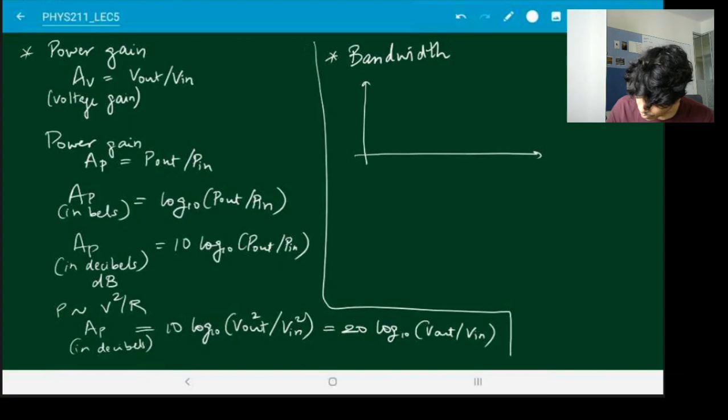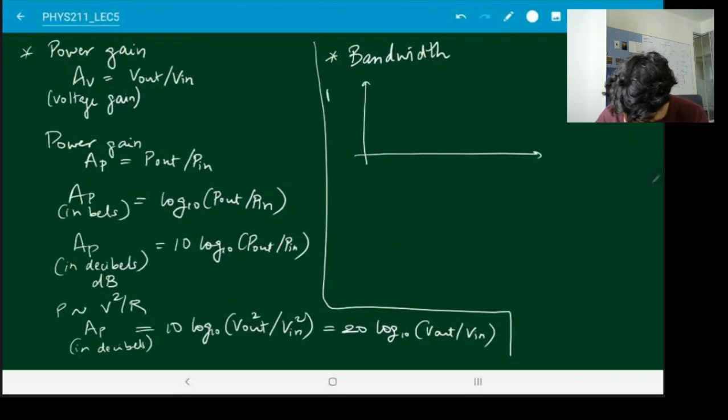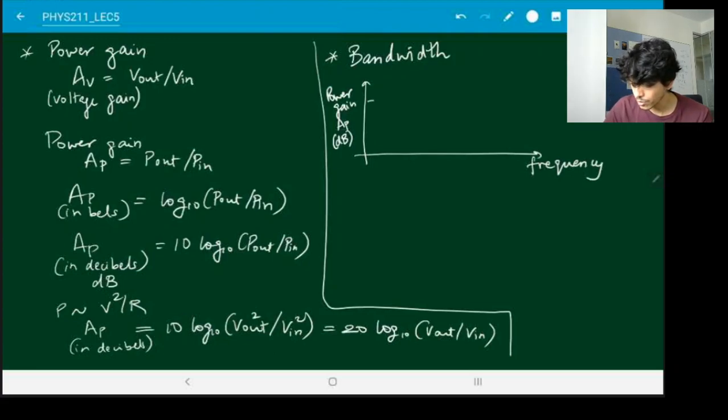So if I plot the power gain in decibels versus the frequency. So ideally, of course, it would be constant. It would be independent of frequency, but that is not the case.